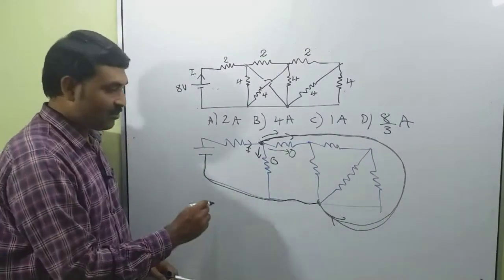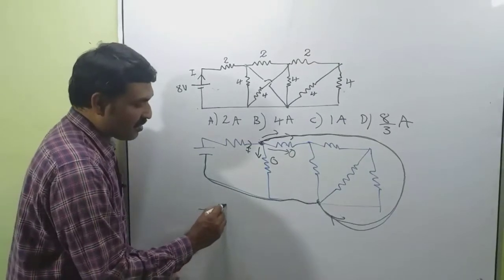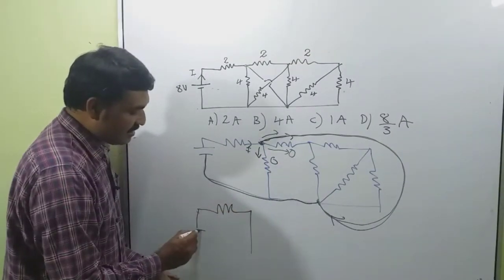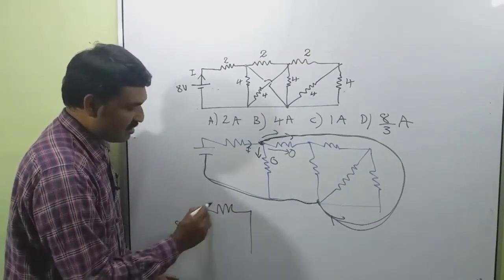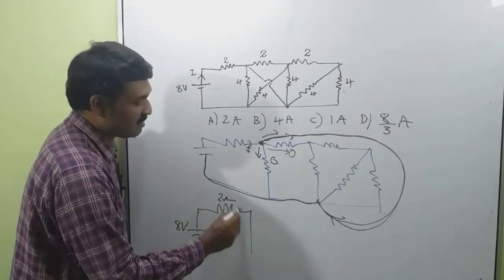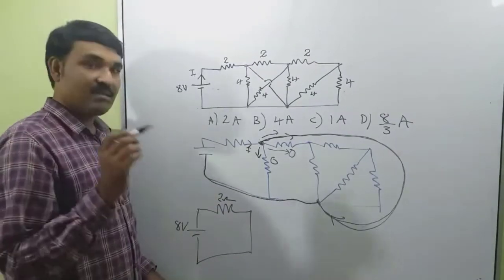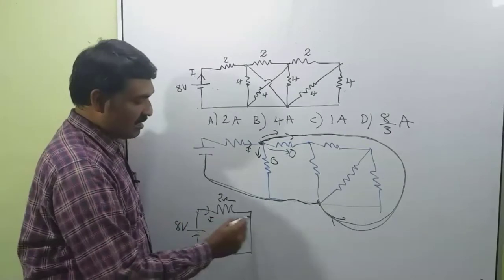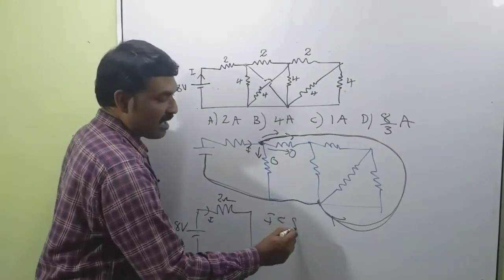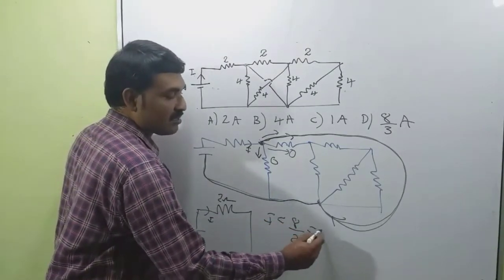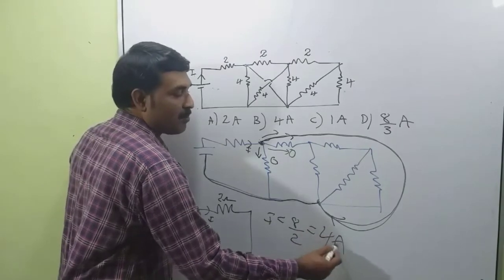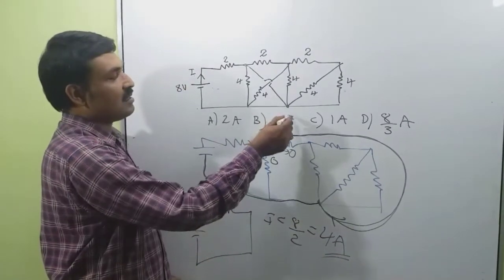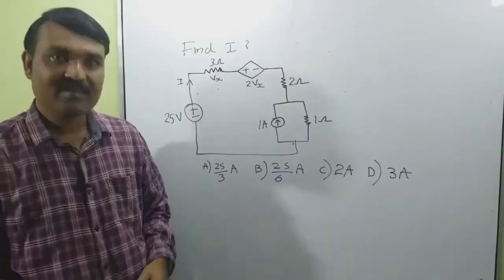So the entire circuit is reduced to an 8 volt source with 2 ohm resistance. Okay, so this is our circuit. Now I is equal to 8/2, that is equal to 4 ampere. So this is the correct answer.